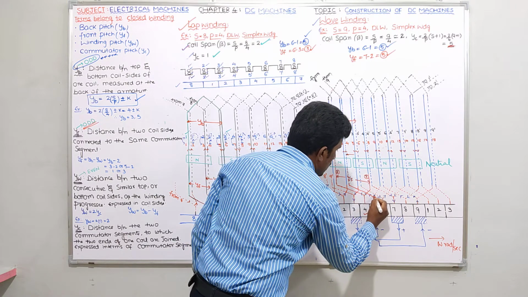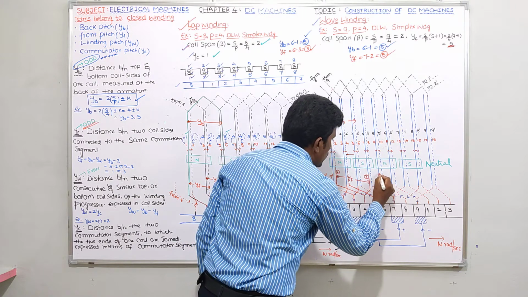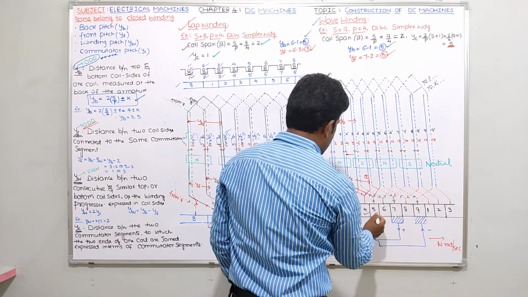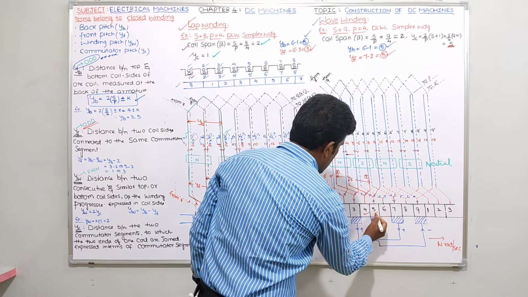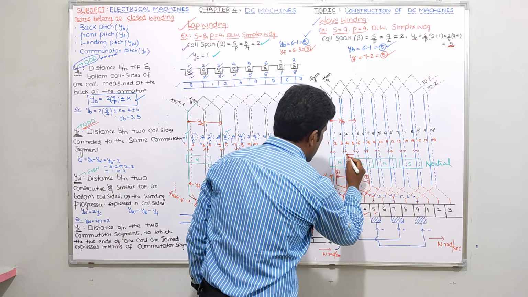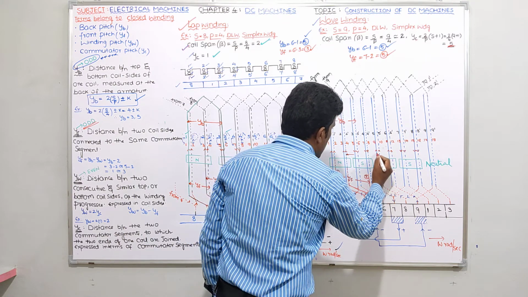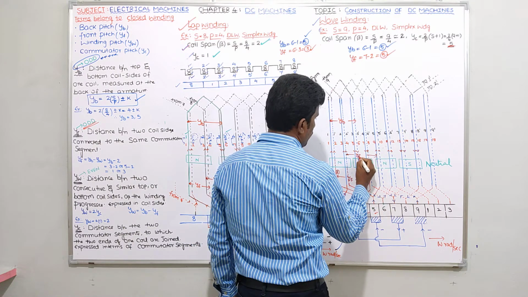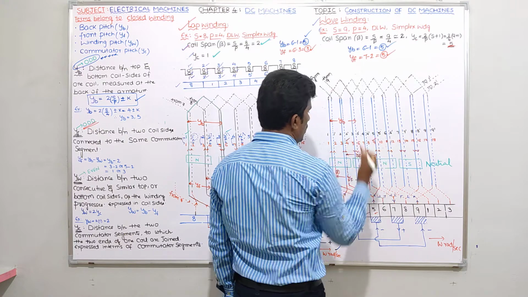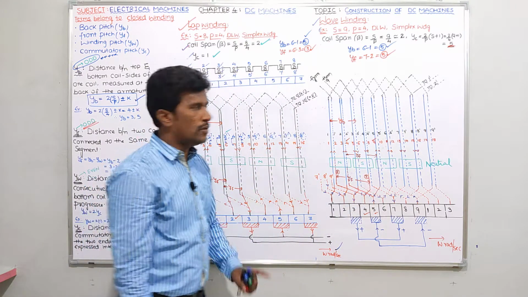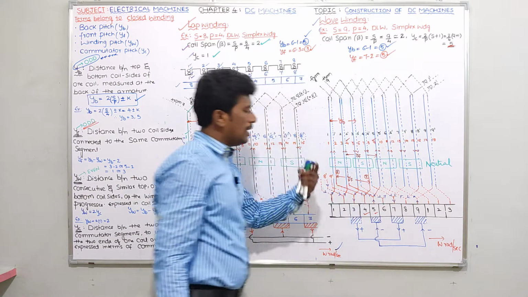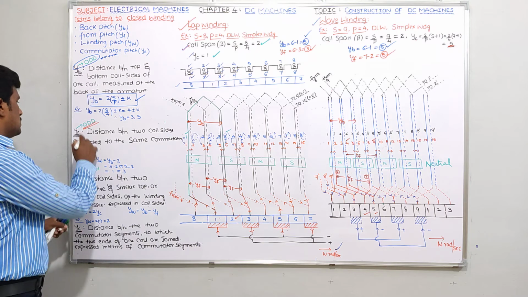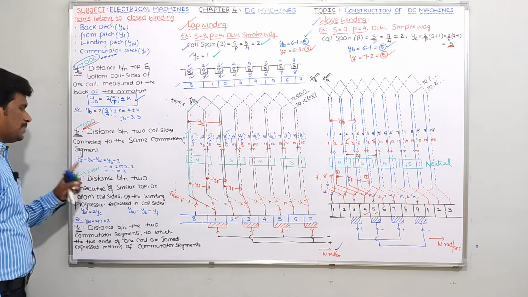And the other coil side is 9. This becomes YF: 9 minus 4 becomes once again 5 only. Like that you can take any commutator segment and give the definition for YF. Okay guys, this is the definition for YF I explained.